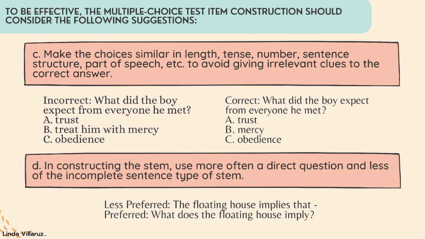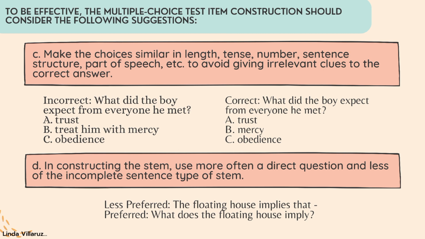Letter B, treat him with mercy. Letter C, obedience. And this one is correct: what did the boy expect from everyone he met? Letter A, trust. Letter B, mercy. Letter C, obedience.